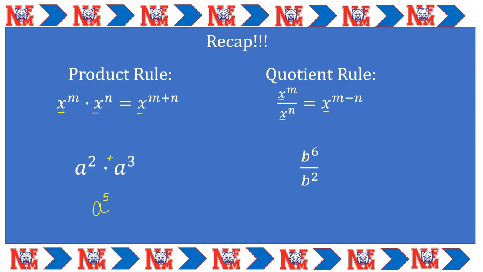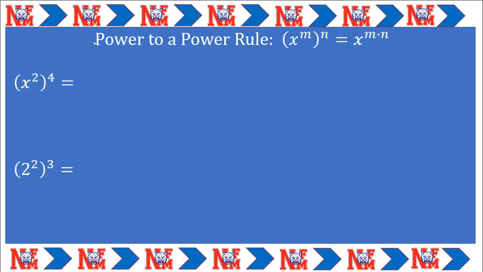In this example, we have b to the sixth divided by b to the second. We can put this expression into a single factor of b by simply subtracting 6 minus 2, which gives us 4.